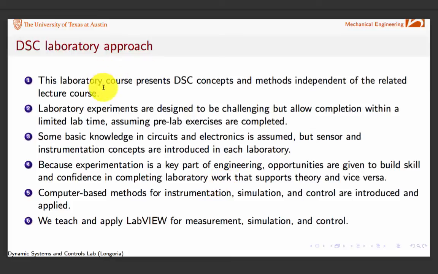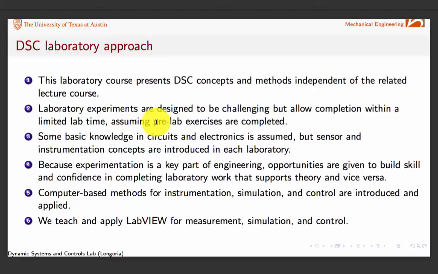The general approach in this course, as I've mentioned, is we introduce concepts that are related to your 344 Dynamic Systems and Controls course, but we will follow that by learning those topics independently. We design lab experiments that can be challenging, but also we need to allow completion within a limited lab time, so generally they're simple experiments, but also practical.